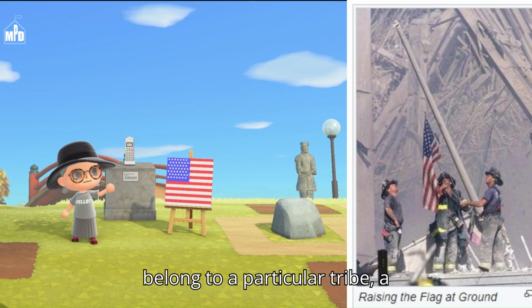So if we belong to a particular tribe, a particular country, these symbols mean something more than just a piece of fabric.